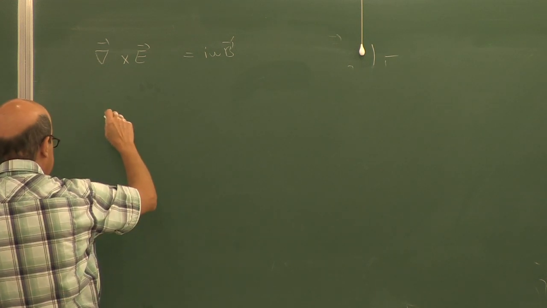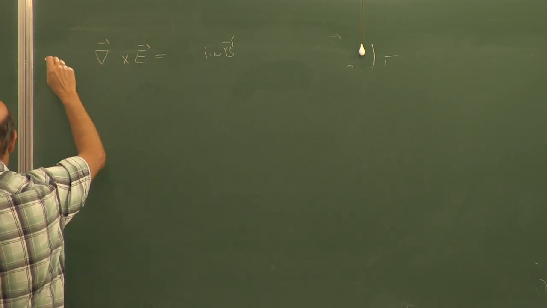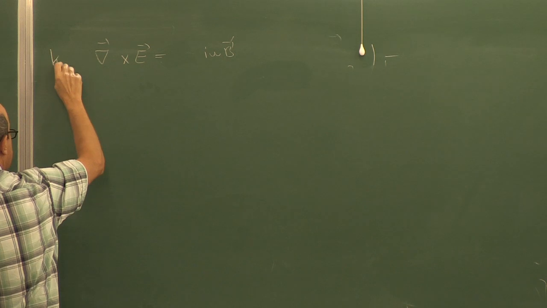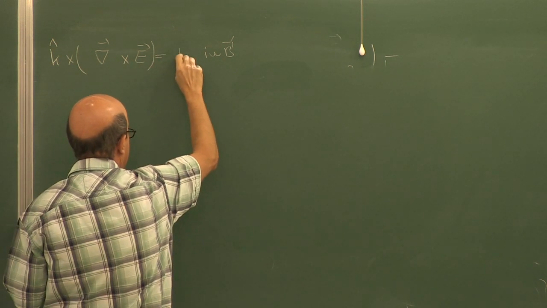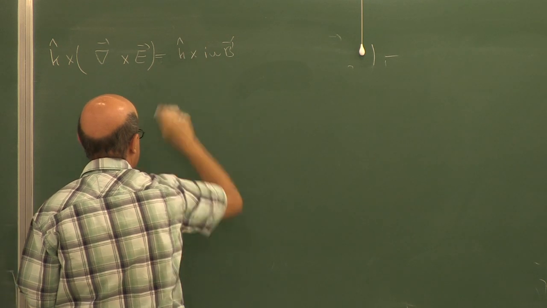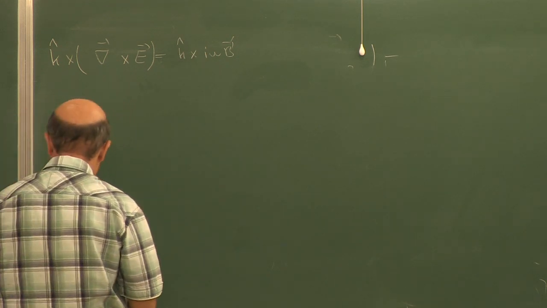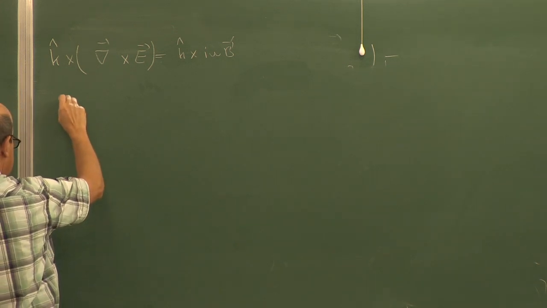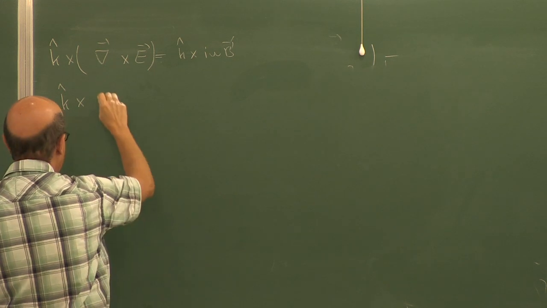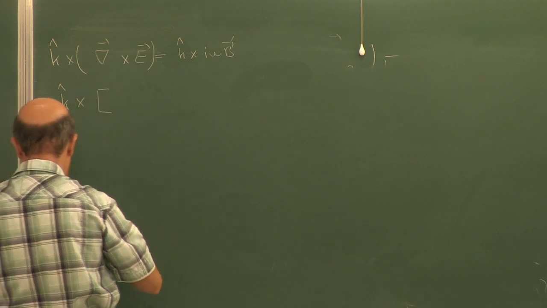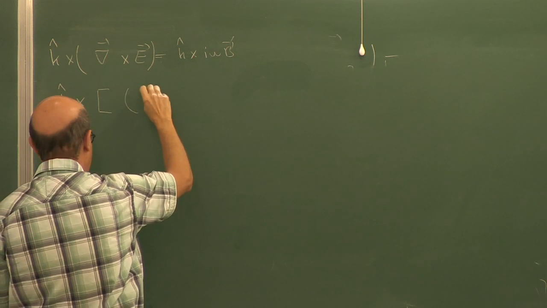So let me take the cross product of this with k. k cross. For the left hand side, let us start: k cross curl of E. I'll write the curl in open form.